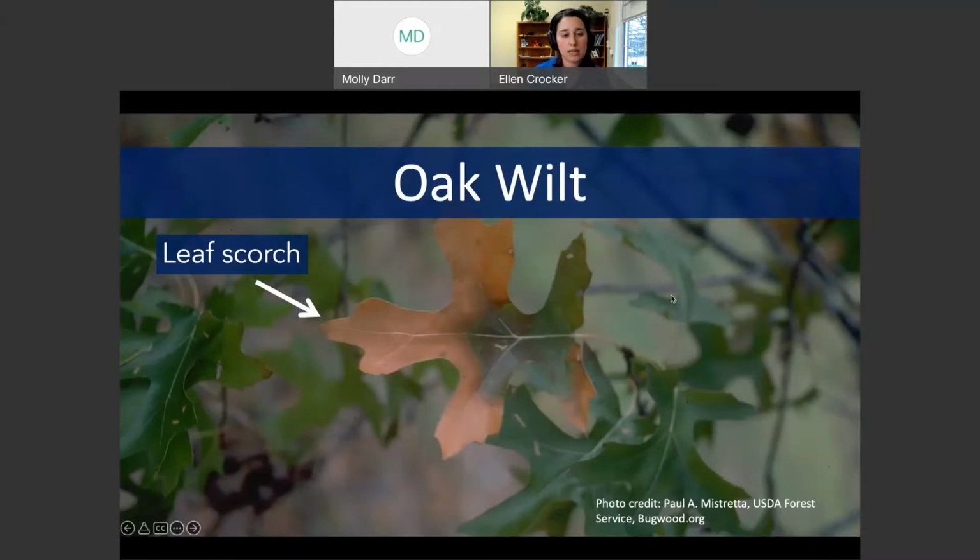And it's spread a couple different ways. It can be spread naturally through natural root grafts that occur. It can be spread by beetles that are attracted to the sweet smelling hyphal mats that it produces and can spread the fungus and spores that way.